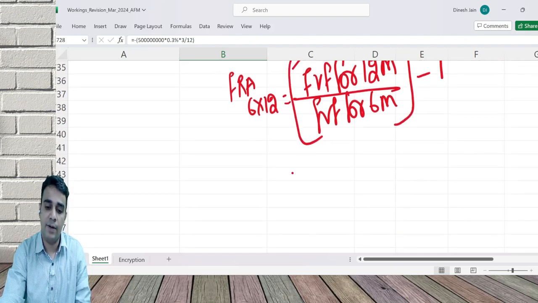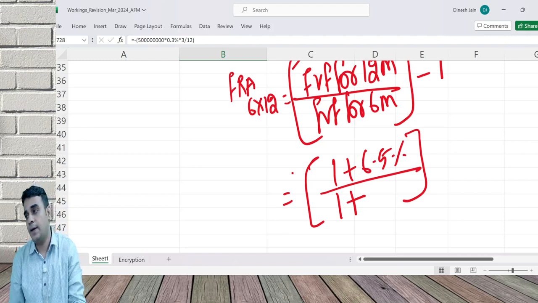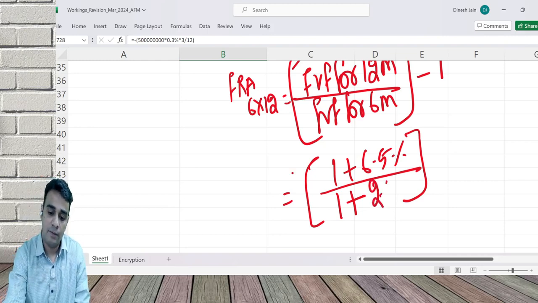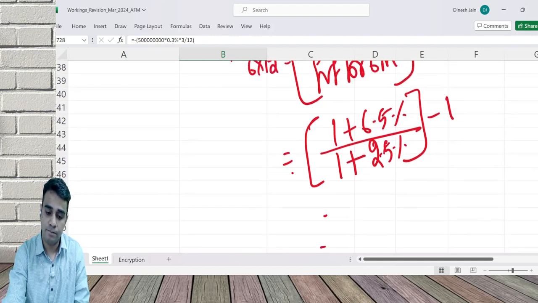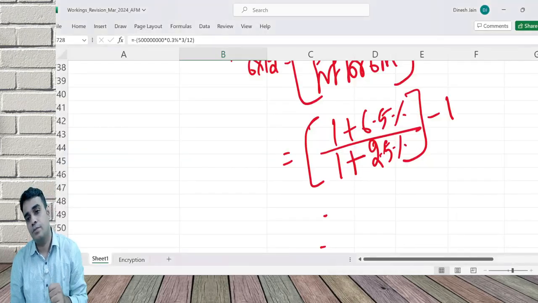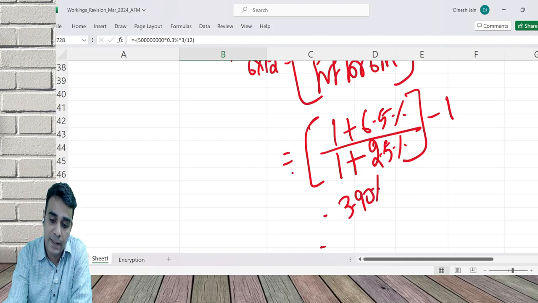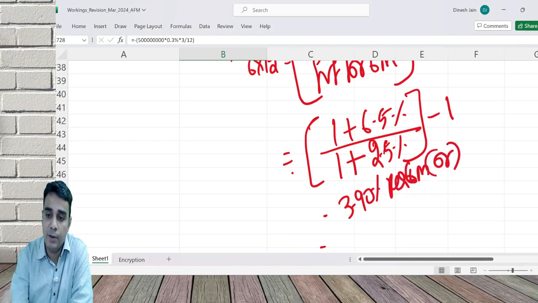What is the 12-month rate given? 1 plus 6.5% directly. 6-month rate 5% is for a year, so 2.5%. 1.065 divided by 1.025 minus 1 is 3.90% per 6 month. Per 6 month, or give me the other answer.